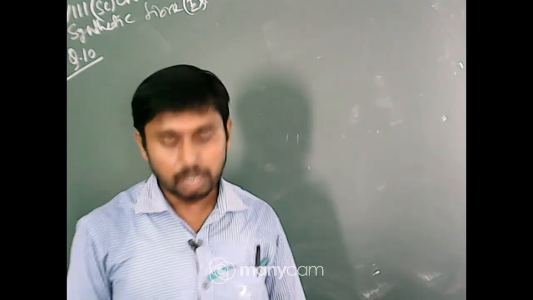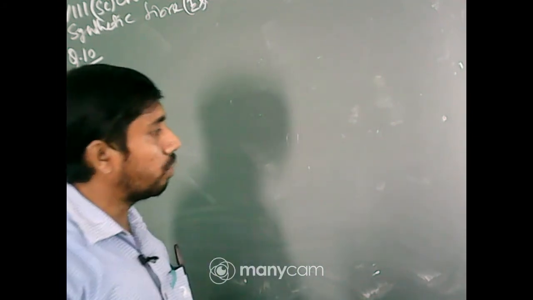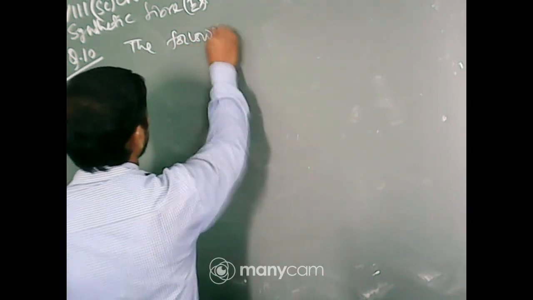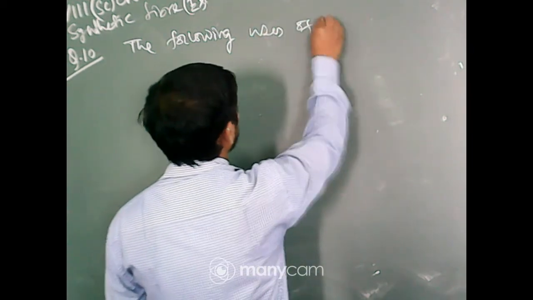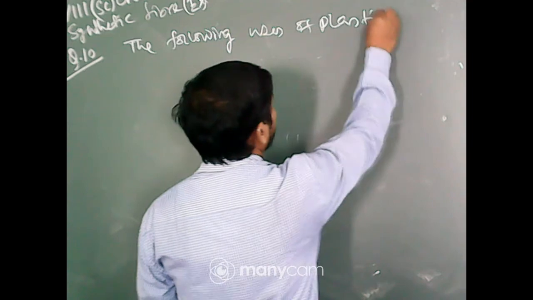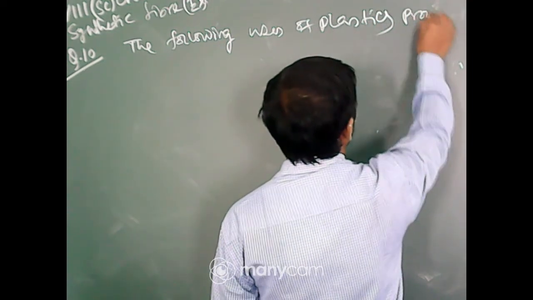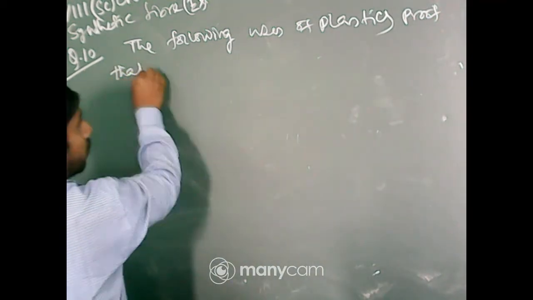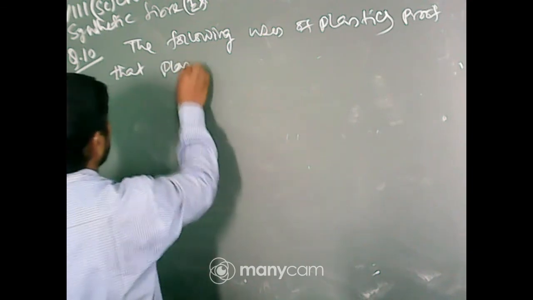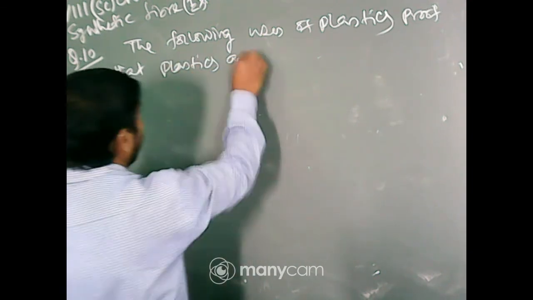To answer this question, you will write in this manner: The following uses of plastics prove that plastics are non-corrosive.